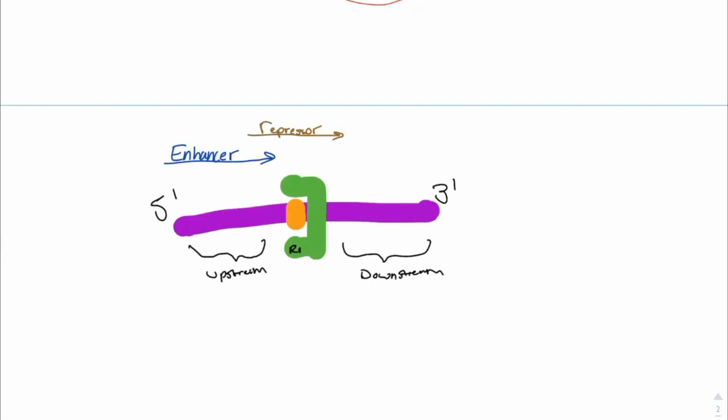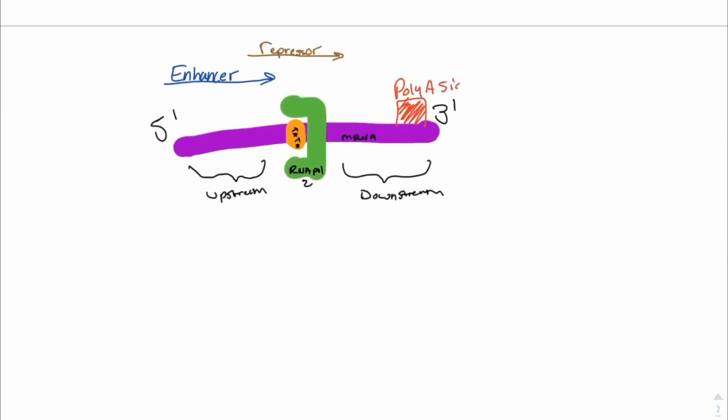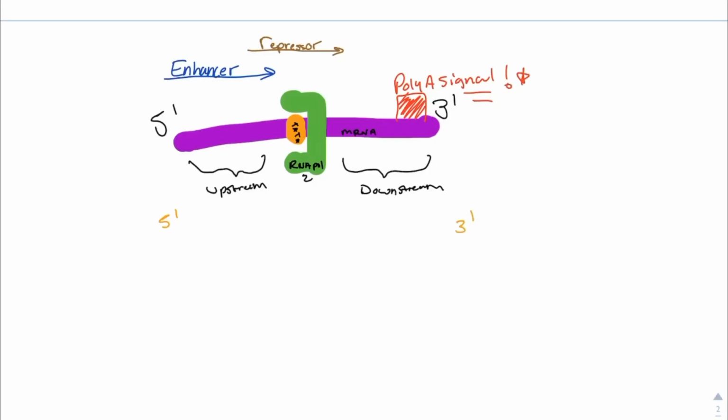Upstream of that, near the 5' end, is where the enhancers are mainly located. Downstream is where you'll mainly see your primary transcript. And you also have your poly A signal, always at the 3' end. This goes from 5' to 3' basically.